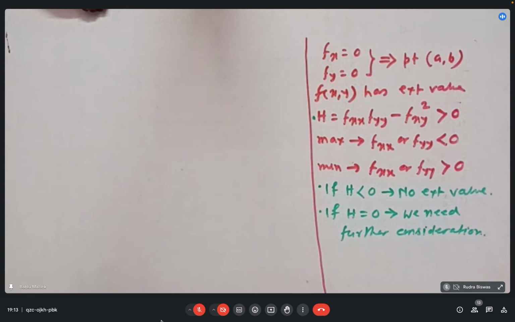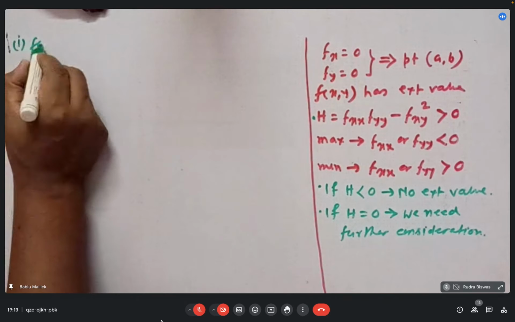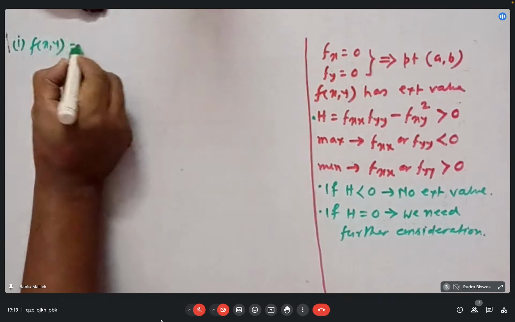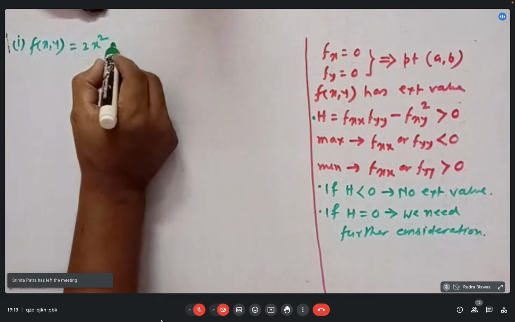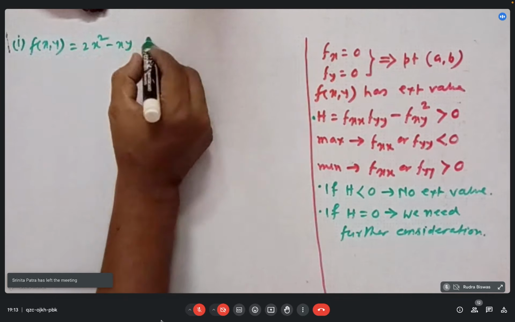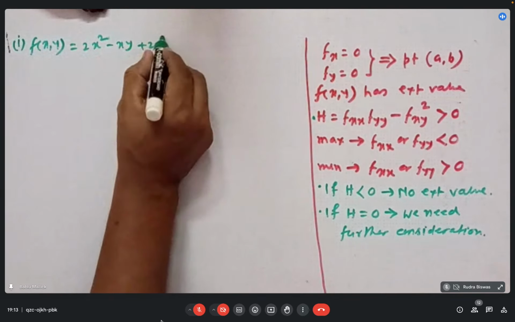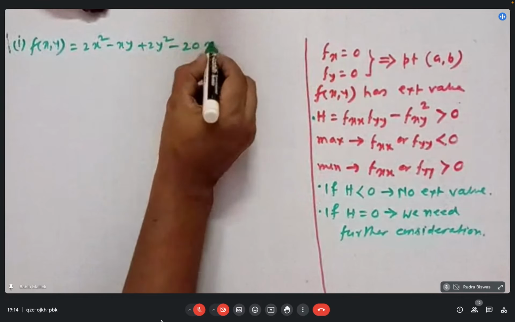Number one, first is this: f(x,y) is equal to 2x square minus x into y plus 2y square minus 20x.